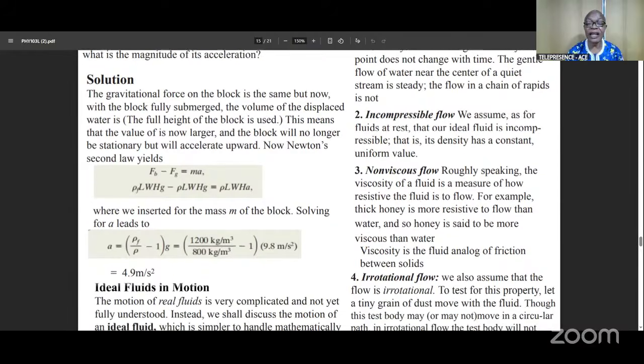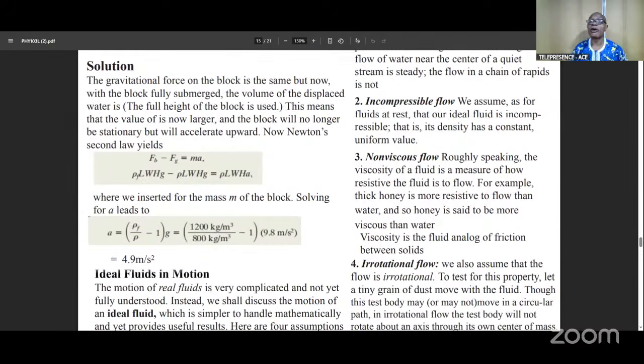Then the next one is non-viscous flow. Roughly speaking, the viscosity of a fluid is a measure of how resistive the fluid is to flow. From the physics we have done before now, when we talk of viscosity, we are talking of friction between molecules of a fluid. But what I'm saying for an ideal fluid is non-viscous.